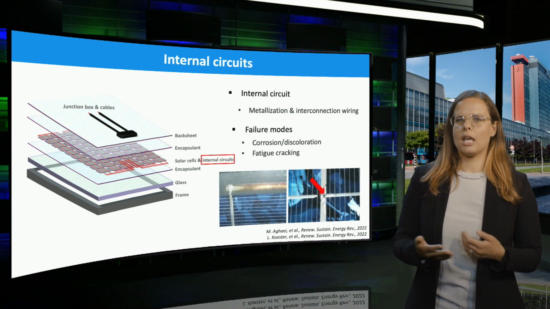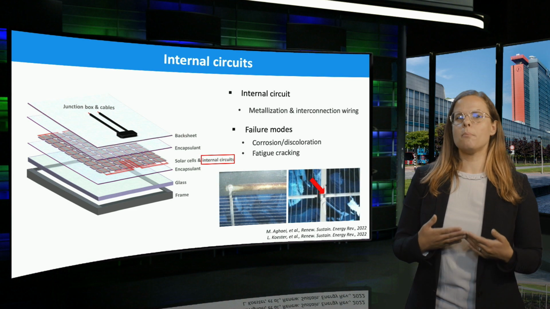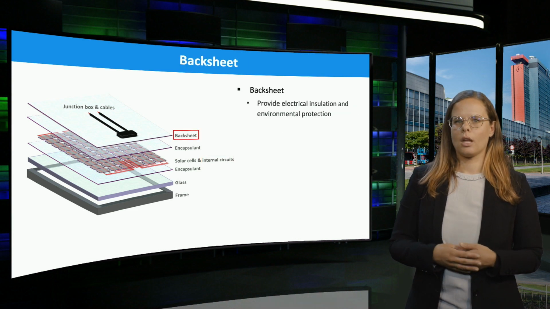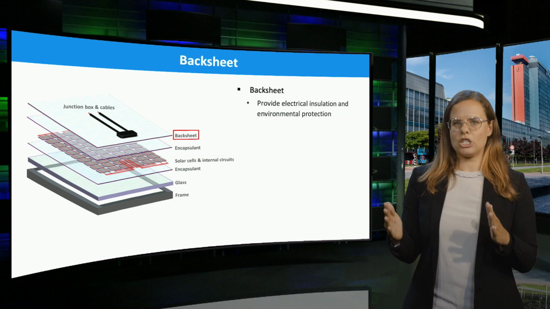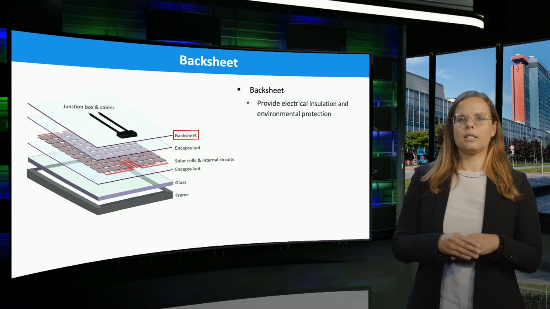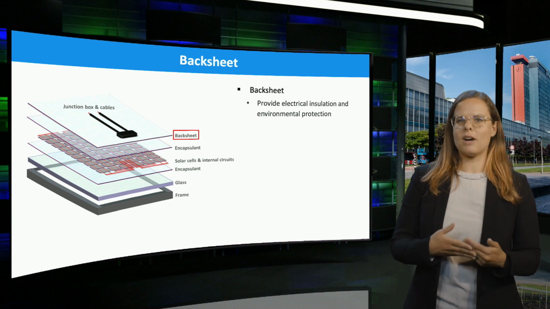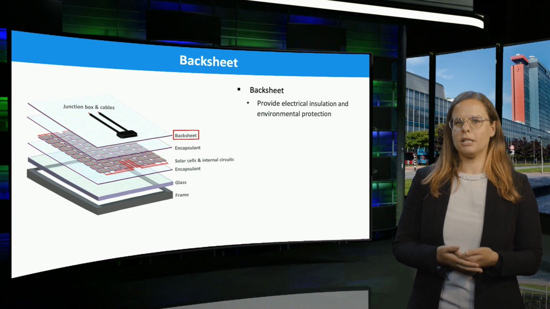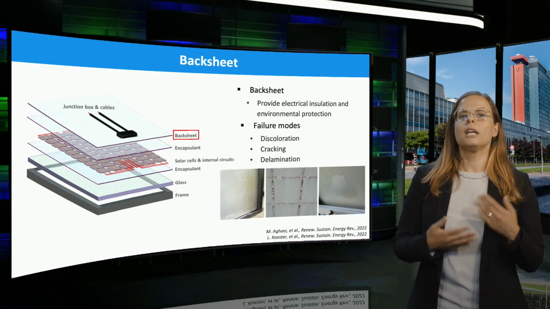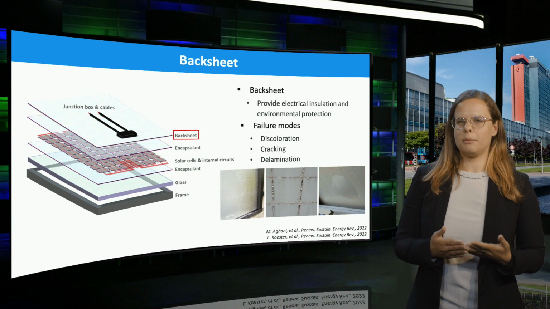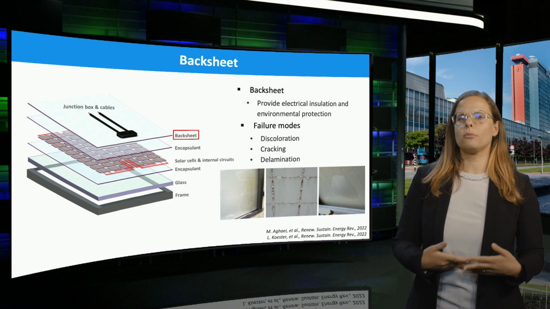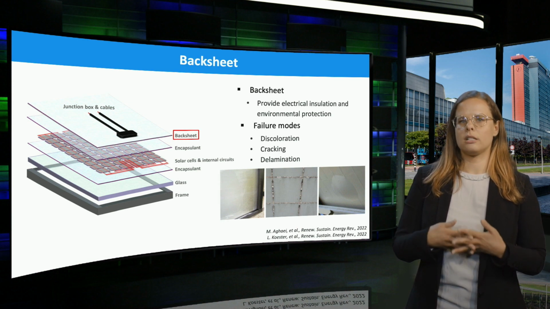Both modes are visible in the images at the bottom of the slide. Moving to the backsheet, it has the function to provide electrical insulation and environmental protection to the PV module. The failure modes can be discoloration, cracking, or delamination, which can be seen from the figures on the bottom right, respectively.